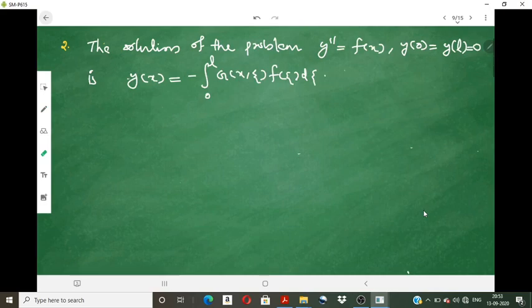Also, the solution of the problem y double dash equal to f of x, with y of 0 equal to y of l equal to 0, is y of x equal to minus the integral from 0 to l of g of x theta f of theta d theta.